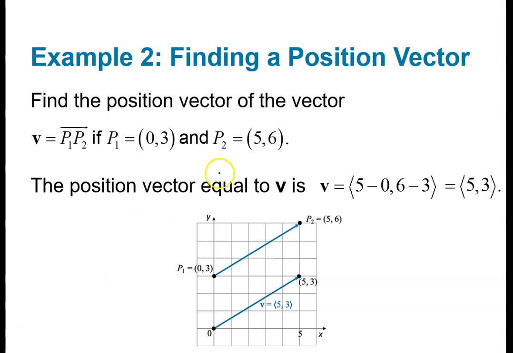So there it is with the 2 points we were given, but if we pick that up and set it back down at the origin, it's going to terminate at those differences. So it's going to terminate at 5, 3, because that's the difference in x and the difference in y. That makes it easier to name the vector. When I say name it, I'm just talking about a single number in the x position, a single number in the y position. But we get those values from just subtracting the x change, comma, the y change.